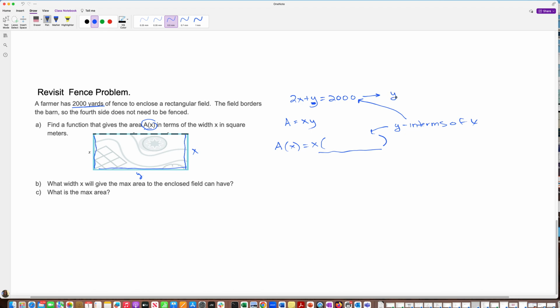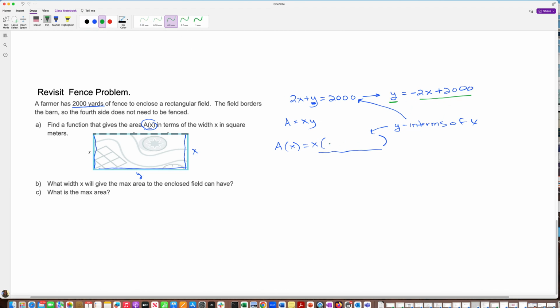So I'll take that 2x to the other side. So that would be negative 2x plus 2,000. So that means y equals negative 2x plus 200. Oops, I left out a 0. It's 2,000. These are the same things.